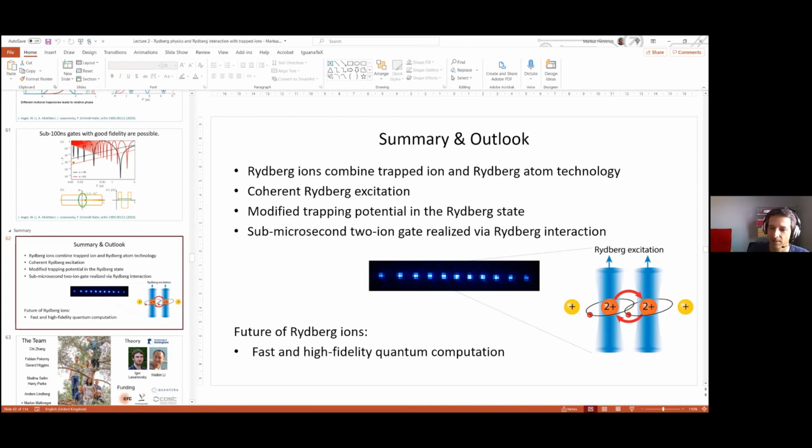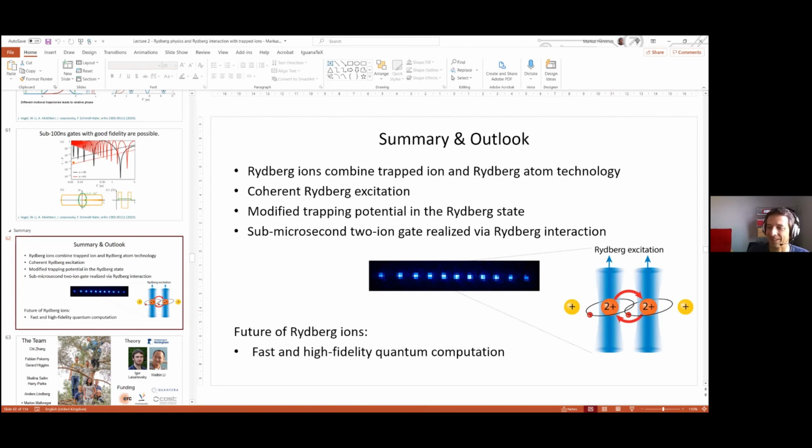What happens is that due to blackbody radiation, sometimes the Rydberg electron gets ionized. Unfortunately, at room temperature, for the Rydberg levels that we're using, one blackbody radiation photon is sufficient to ionize this electron. And this is not a big deal for Rydberg atom people because they always load new atoms.